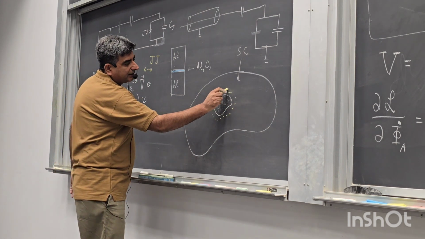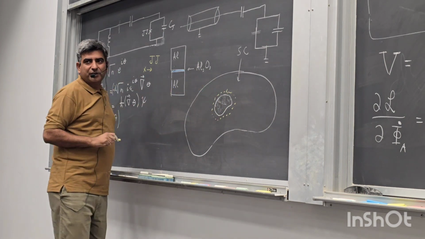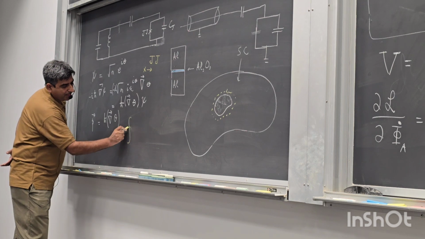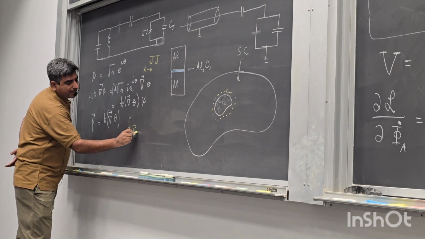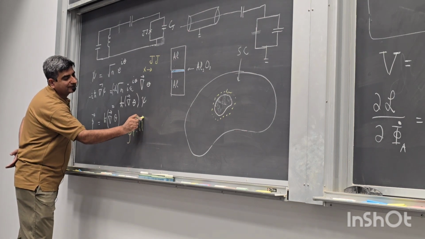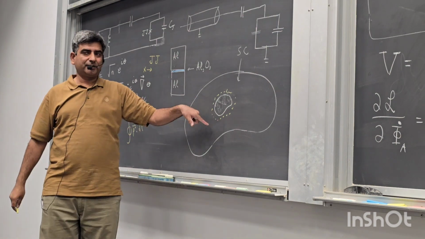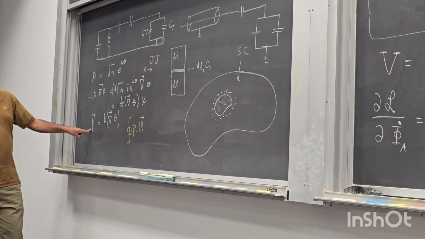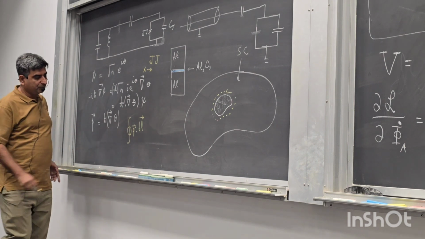Okay. This is a contour, a closed contour, and I take the line integral of the momentum along this contour. Okay, so this is my line integral. This is my momentum of the fermionic pairs, of the Cooper pairs.